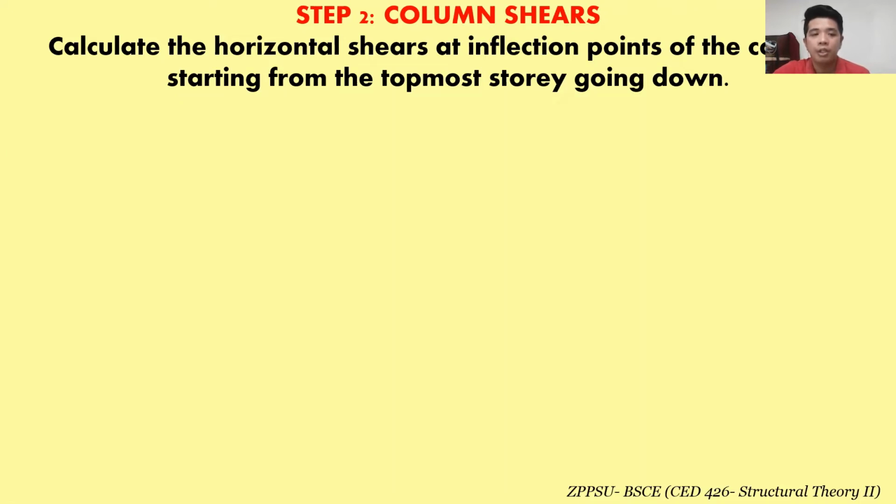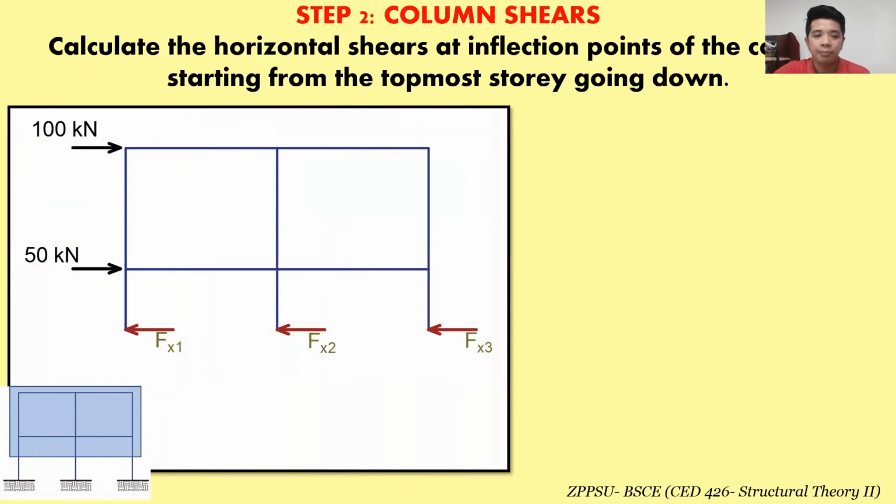So let's proceed going down. So this is your structure. So ito na yung consideration natin. Ayan. So kasali na yung dalawang lateral forces acting at joints, yung si 100 kilonewtons and 50 kilonewtons. So pareho lang.